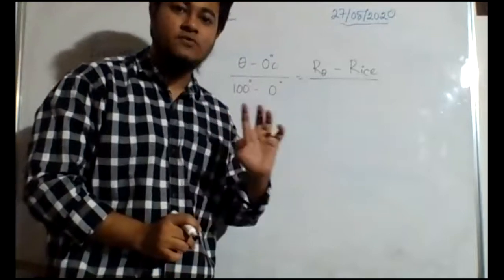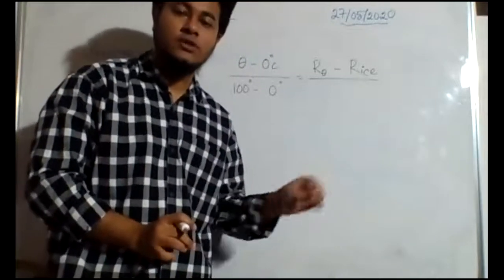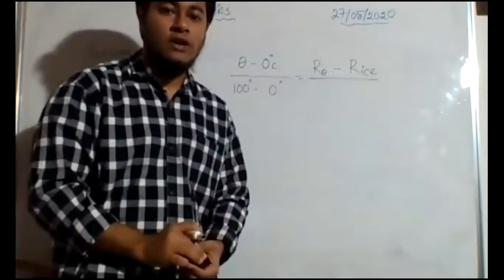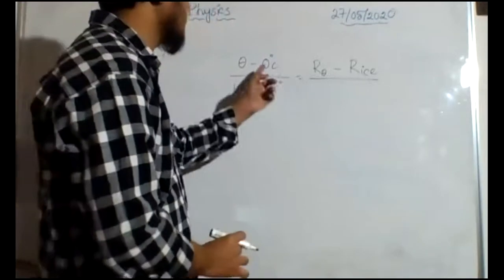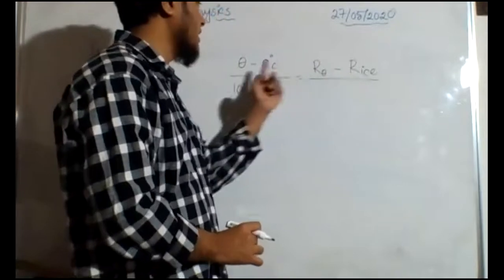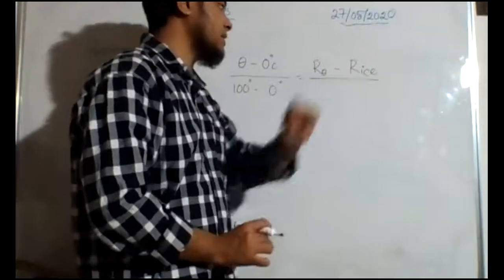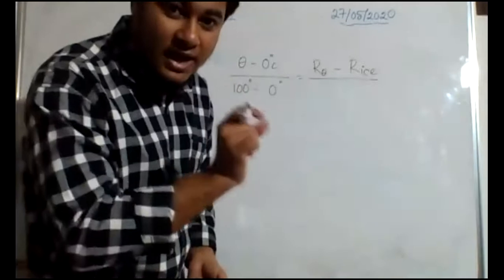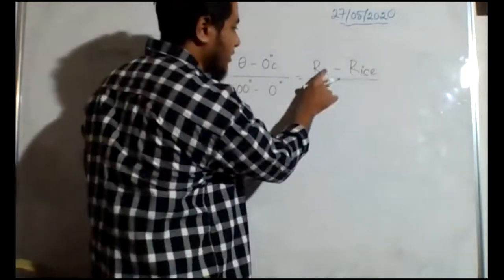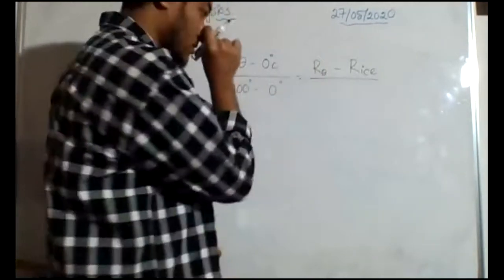Why? Because if you start reducing the temperature at 0 degree Celsius, the water will start to convert to ice, right? So we can say that this is the resistance at 0 degree Celsius, which is known as R ice. This is not rice, R ice. Ice is a subscript.